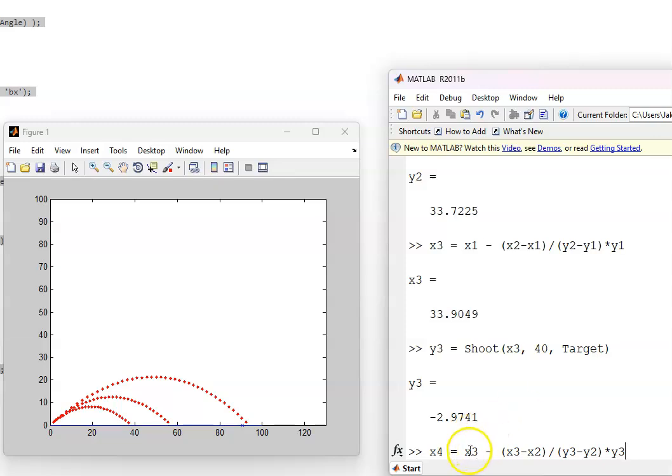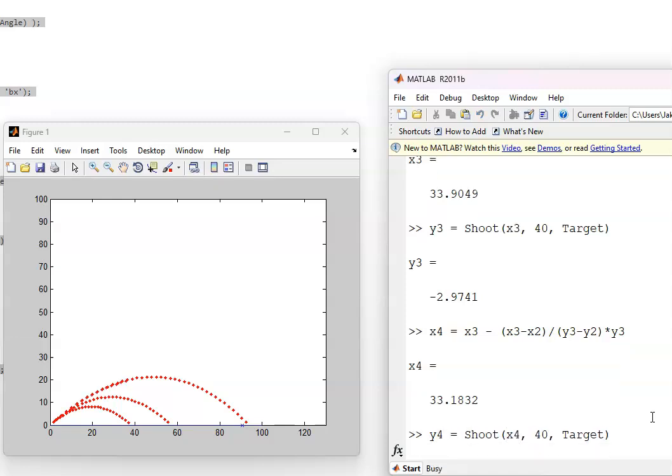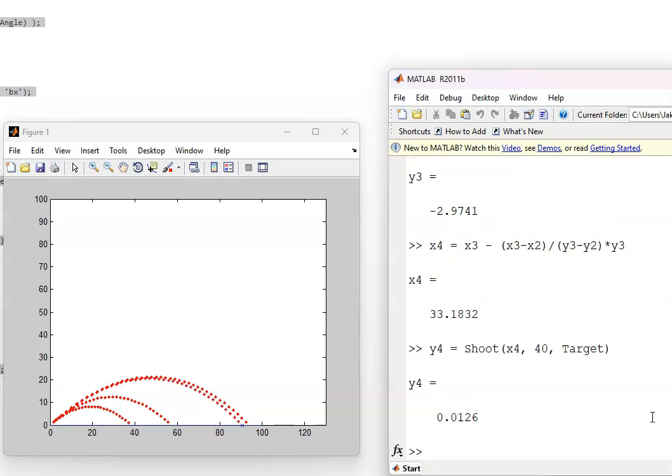Again, I just have to be consistent. If that's x3, that's also y3. That's what I should try for my next guess. Launch tennis ball. Just about nailed it.